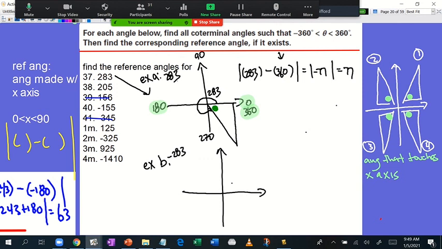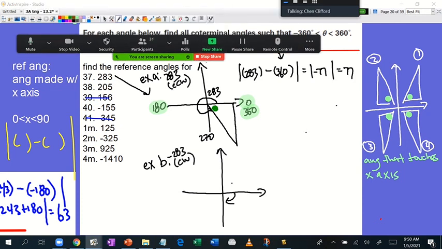So now we're just going to go in the opposite direction, in this direction right here. Remember, positive means counterclockwise, negative means clockwise. So let's go ahead and figure this one out.